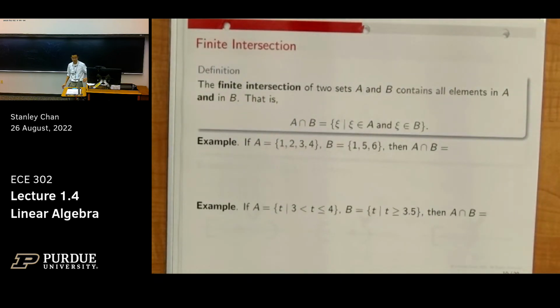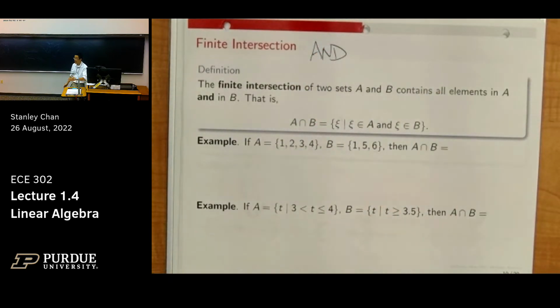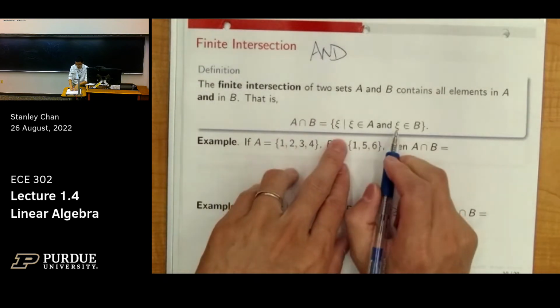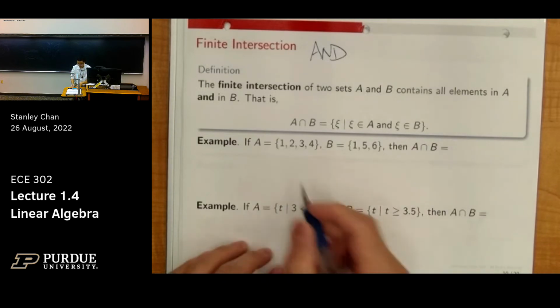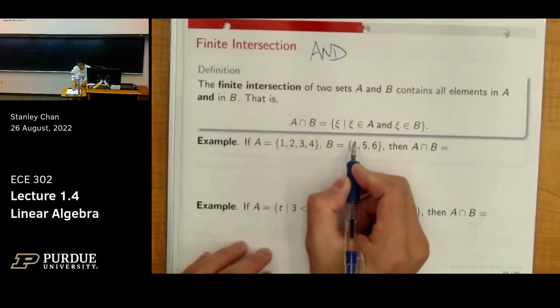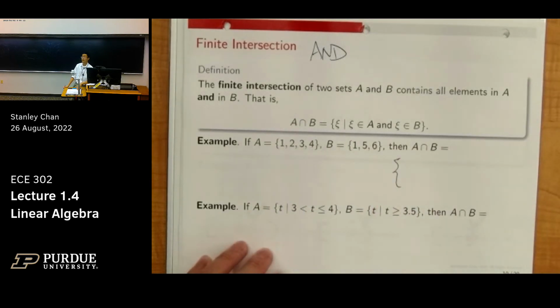Similarly, we can define the notion of finite intersection, which is the case of AND. For AND, it's also pretty obvious. You want to make sure that you are looking at the overlapped elements inside the sets A and B. So in this example, with 1, 2, 3, 4 and 1, 5, 6, the A and B will be 1.